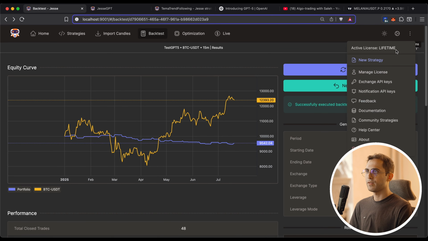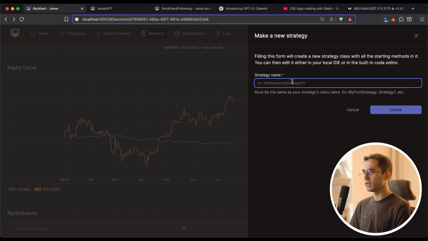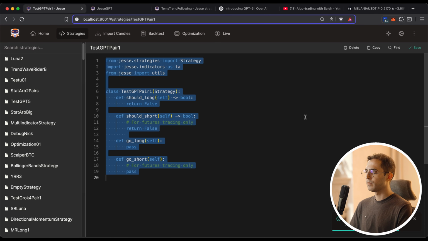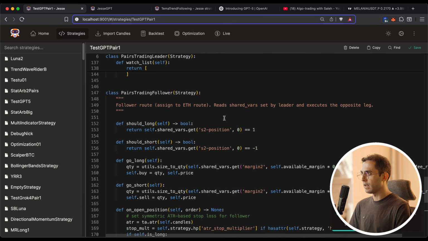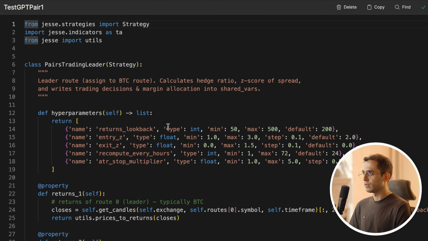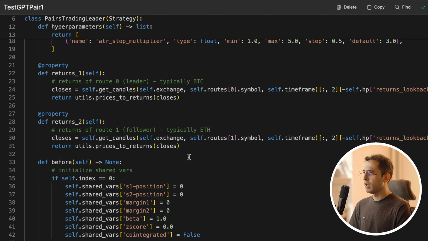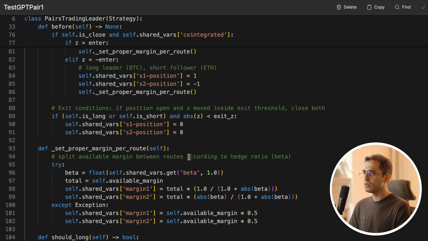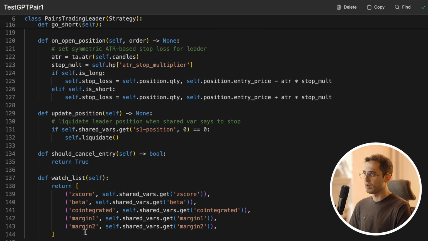Okay, so I'm gonna define a new strategy and call it test GPT pair 1. And this is the follower, so we don't need this one. Now this seems perfect. It defined hyperparameters. Okay, so this might be an issue because you see when we use multiple trading routes, we don't do optimization on it.